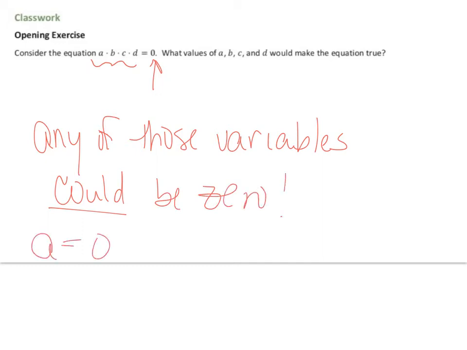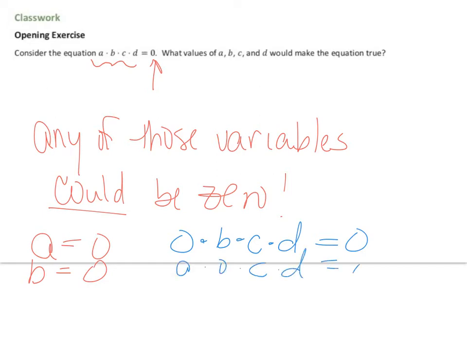A could be 0 because 0 times B times C times D does in fact equal 0. Well, B could be 0 also because A times 0 times C times D equals 0.